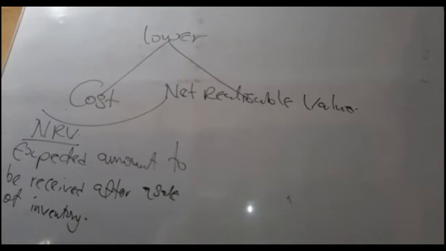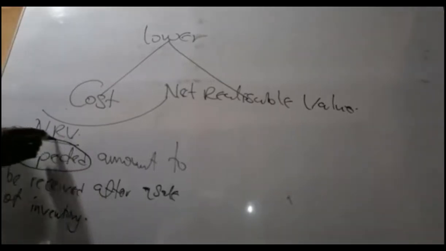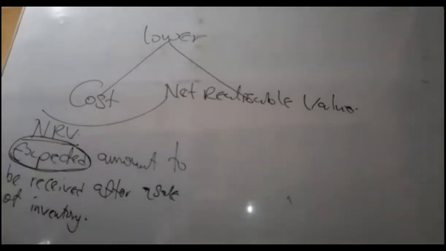Now the definition, we normally use the formula. You have to mention expected in NRV because they are not actual. NRVs are not actual. What you expect to derive or receive from this sale does not mean that I actually made that sale. No, it's what is expected. If I get it, it means that for the recoverable, you have recovered it, and it is actual.